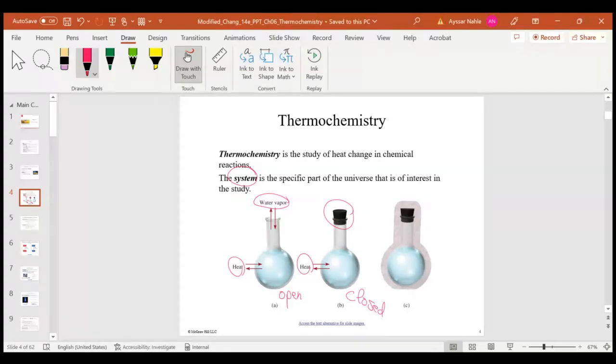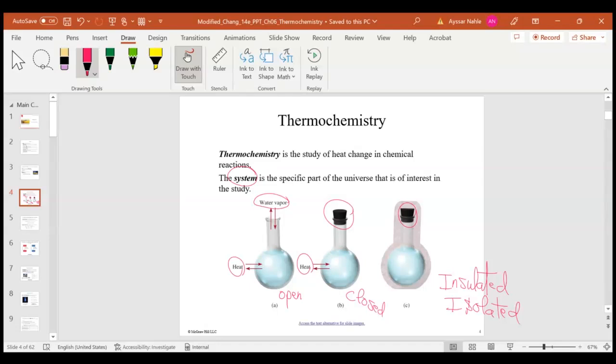The last type of system is the insulated system, or sometimes we call it an isolated system. In this isolated system, first of all, it is closed. No material can leave, no material can get in. That means the mass cannot escape, no mass will go inside.